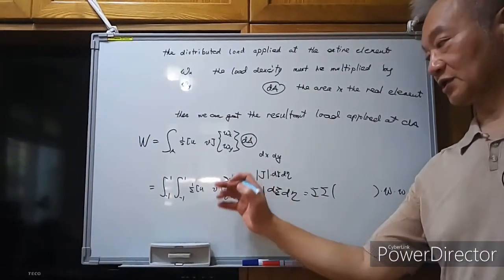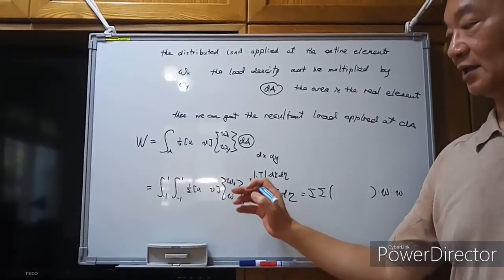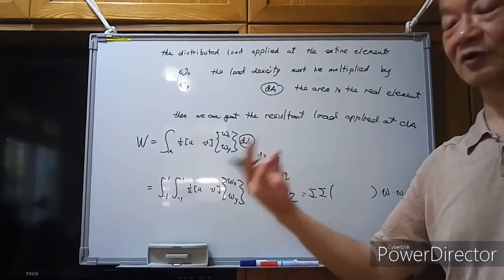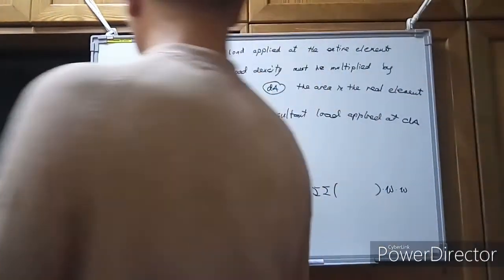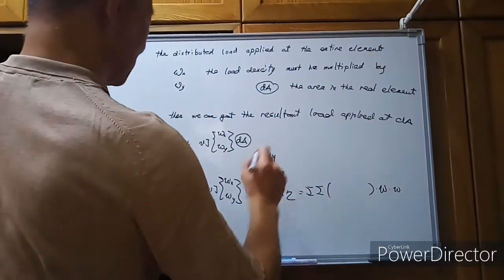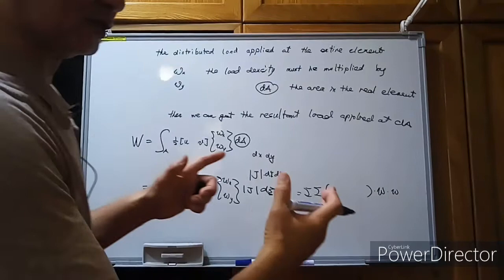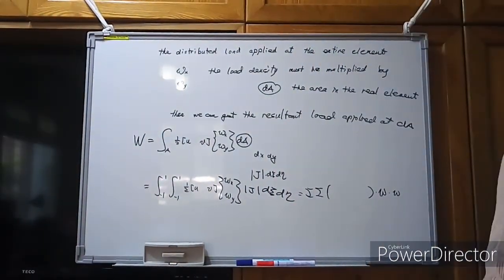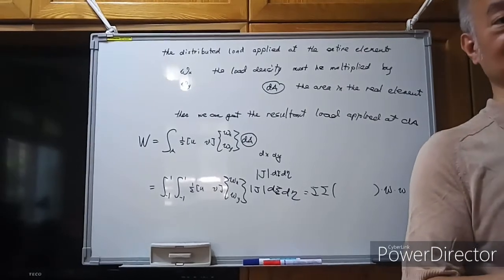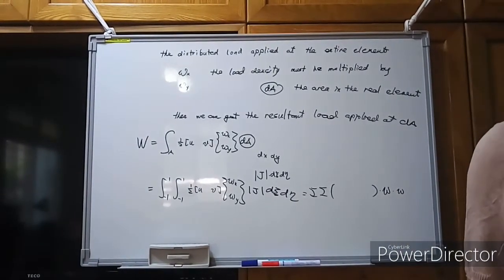Most of the time we consider wx and wy constant for problems. So for the entire element, we have the same wx and wy, but sometimes we have variable load density problems.